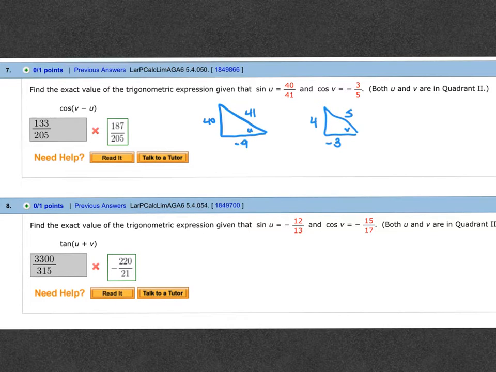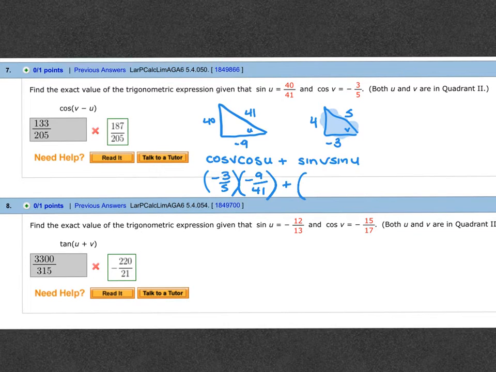So if it wants cosine, it's cosine of the first, cosine of the second, change the sign, sine of the first, sine of the second. So cosine of the first one would be negative 3/5. Cosine of the other one, negative 9/41.